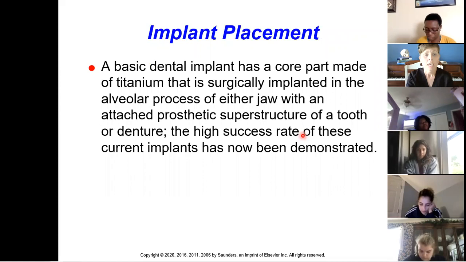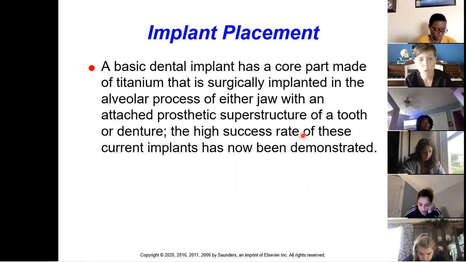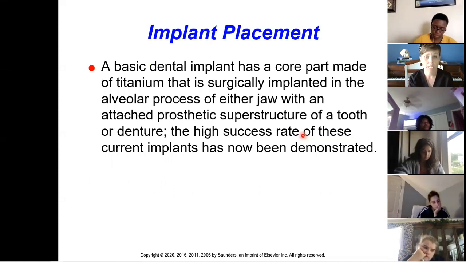All right. A basic dental implant is a core part made of titanium that is surgically implanted into the bone of either jaw, so cool to watch, and then it's topped with a composite.